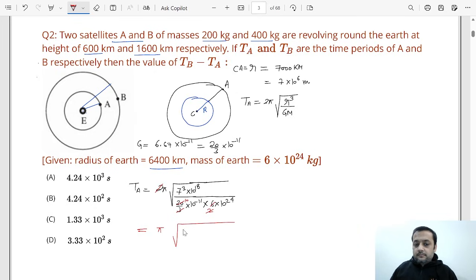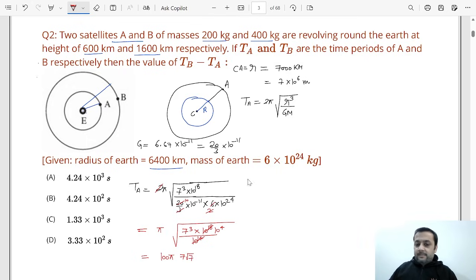Then 7 cubed into 10 to the power 18 divided by 10 to the power minus 11 plus 1, that is minus 10, and 24, so 10 to the power 14 will remain in the denominator. That makes 10 to the power 4, which comes out of the root as 100 pi. And 7 cubed can be written as 7 root 7.